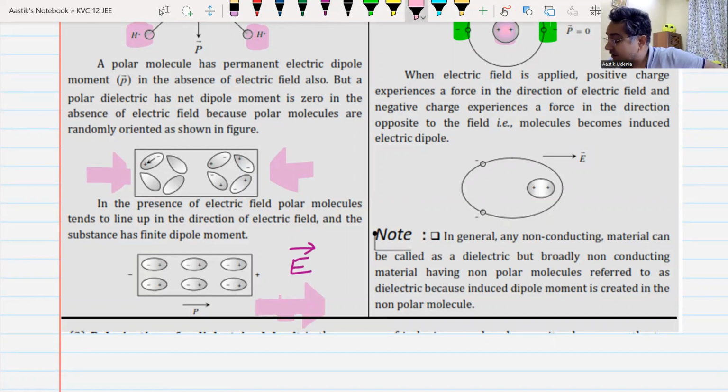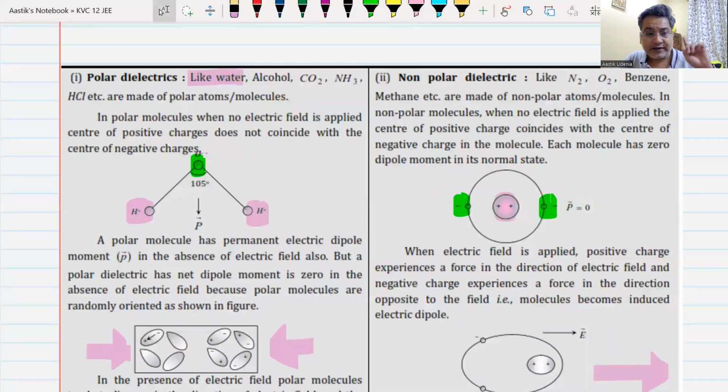Same is the case here. When you apply an electric field, the centers of positive and negative charges shift. Do we understand this? Have you understood, everyone? Yes, sir. I'll give you 2 minutes to draw the diagrams and understand what I have said. Everyone understood?